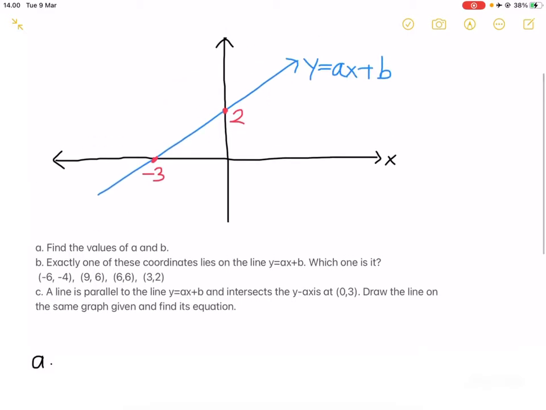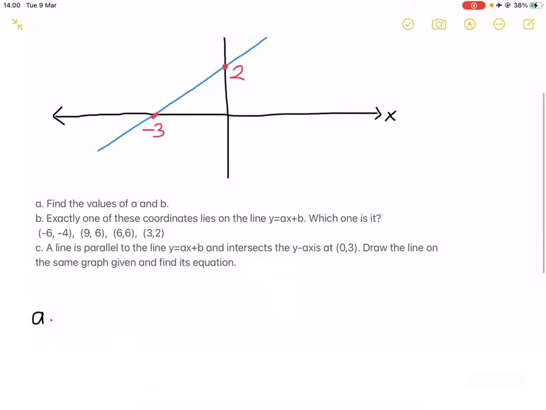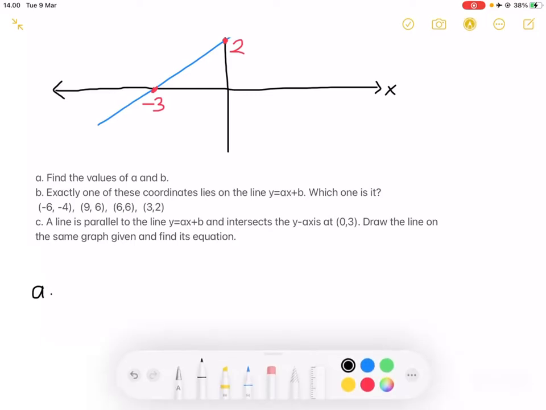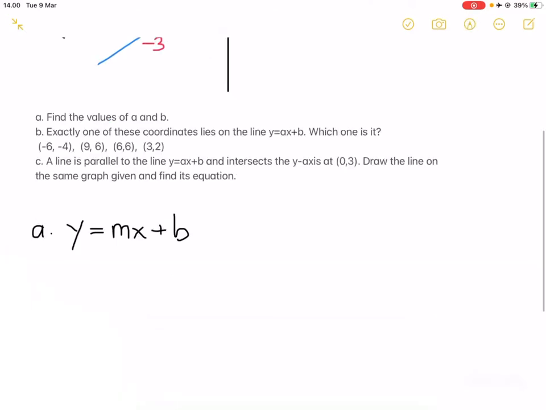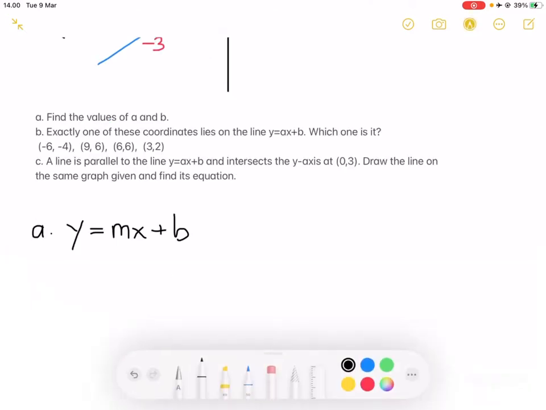We know the formula for a linear function will be y equals mx plus b, where m is the gradient and b is the y-intercept. And we immediately know that b must be equal to 2 because it is the y-intercept.